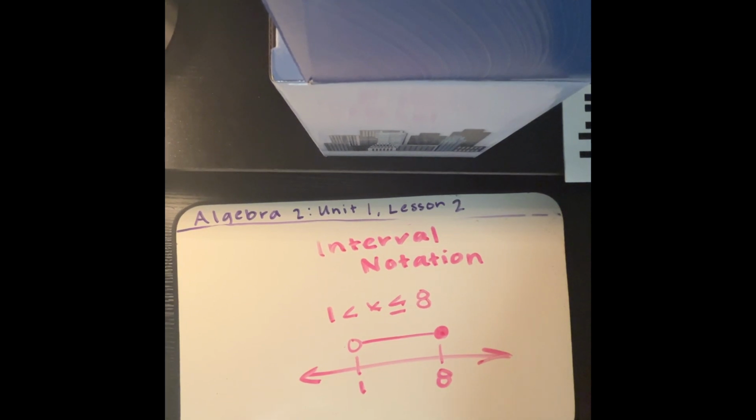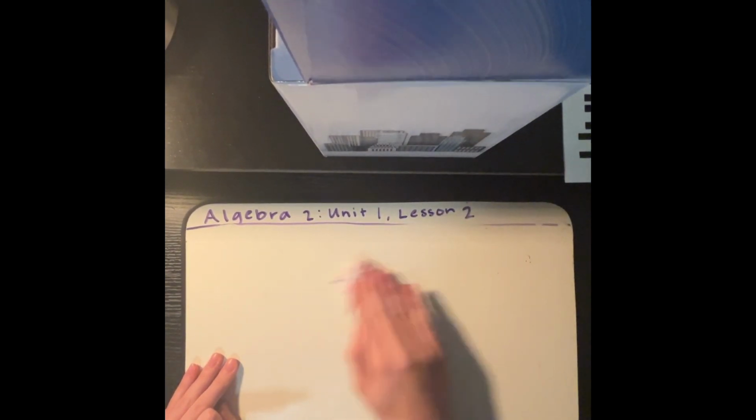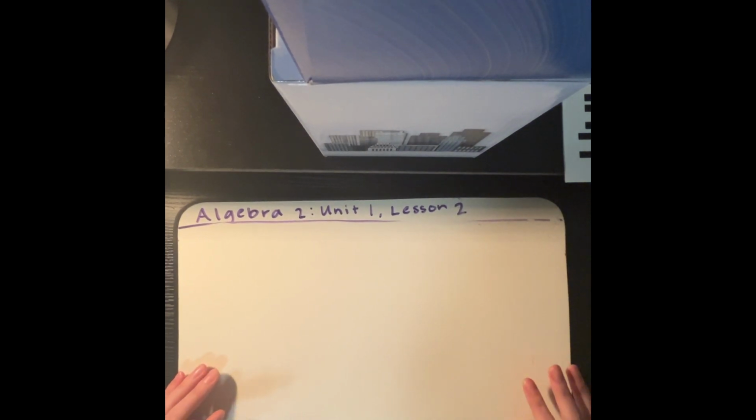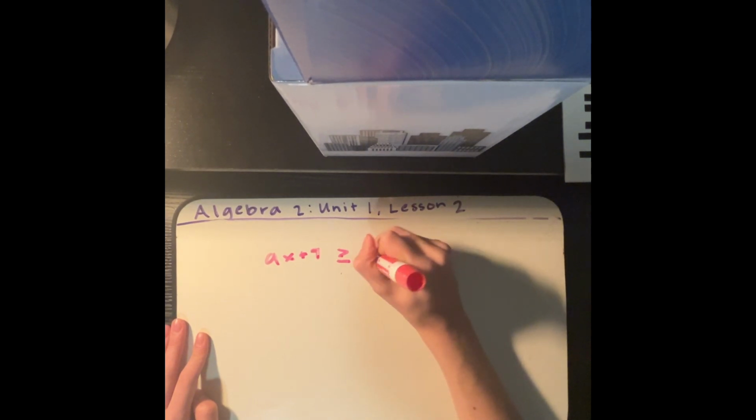So yeah, the last thing we're going to talk about is solving inequalities. You probably remember how to do this from an earlier class, but we're also going to talk about writing it in interval notation because that's an important skill to learn. So let's do 9x plus 7 is going to be less than or equal to 8x minus 2.